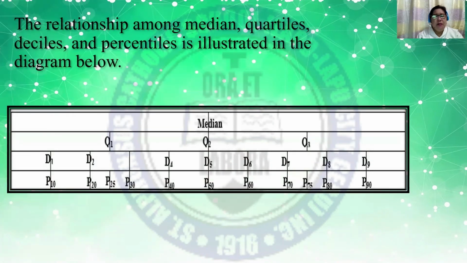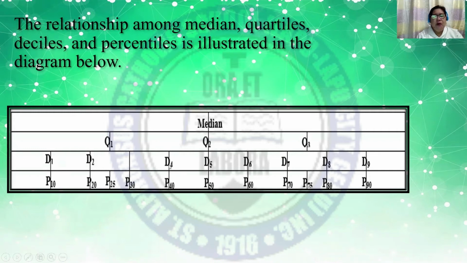The relationship among the median, quartiles, deciles, and percentiles is illustrated in the diagram below. So here, D sub 1 is equivalent to P sub 10. D sub 2 is P sub 20. The value of Q sub 1 is equivalent to P 25.